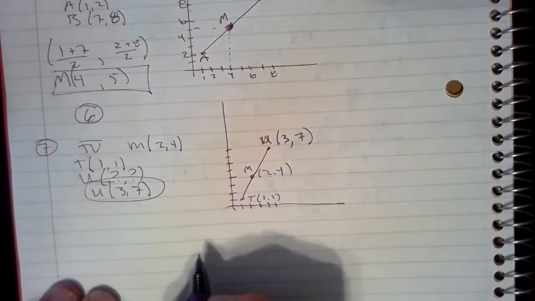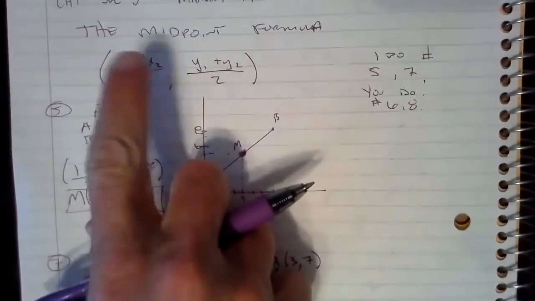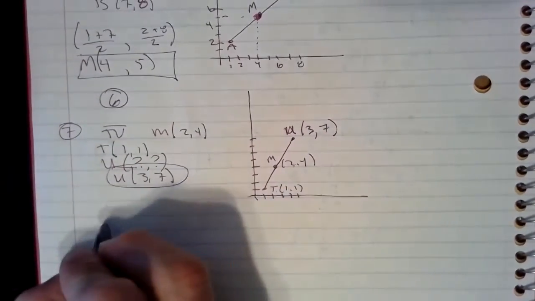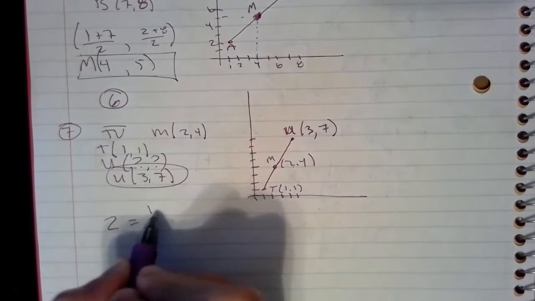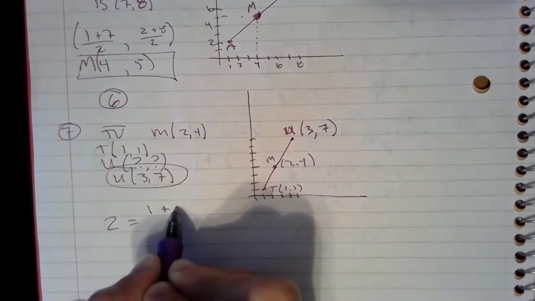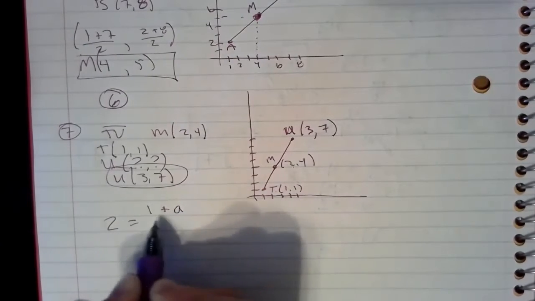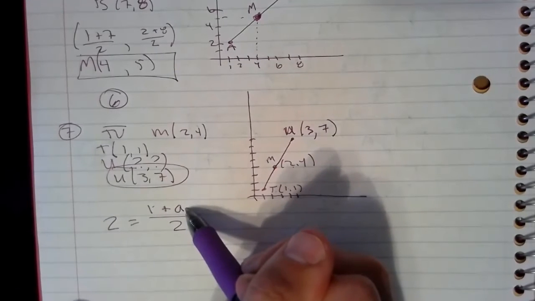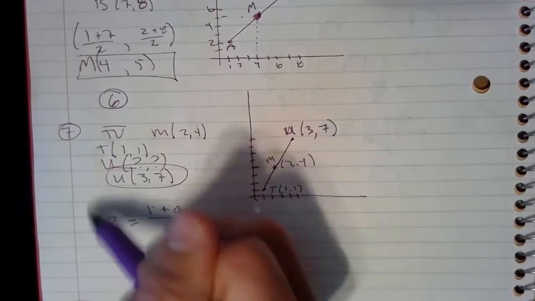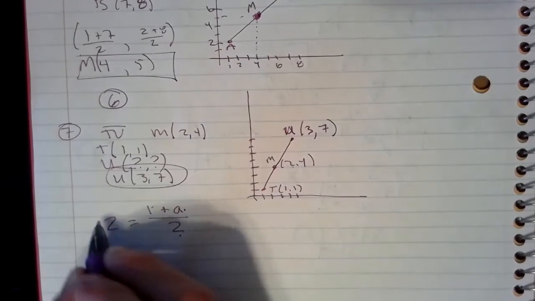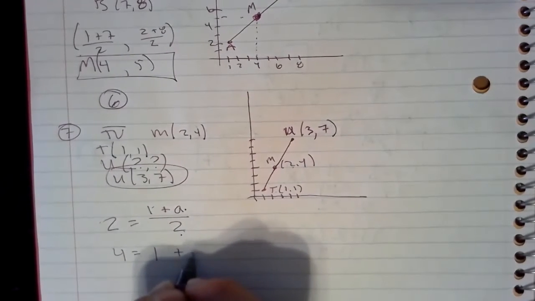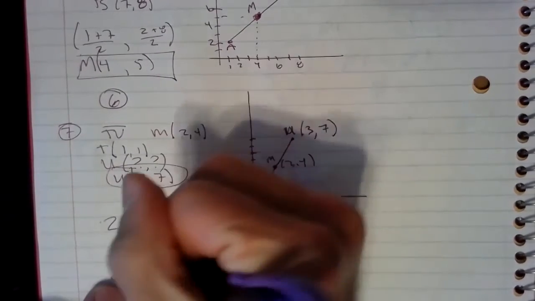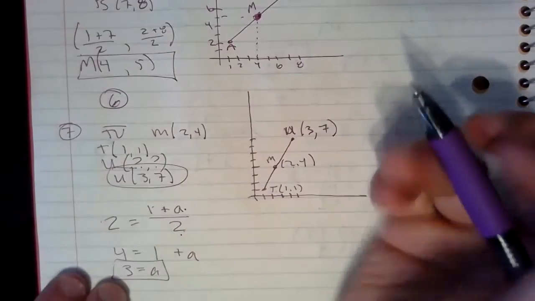But let's actually use the formulas. So the midpoint of the x's is equal to this. Okay, so the midpoint of the x's is 2. Now that's equal to 1 plus something. Ooh, what variable do I want to use? I'm going to use a, all over 2, right? It's equal to x1 plus x2, which I don't know, divided by 2. So if we're solving here, we could do 2 times 2 is 4, and 4 minus 1 is 3. Okay, so now I know that my x value is going to be 3.